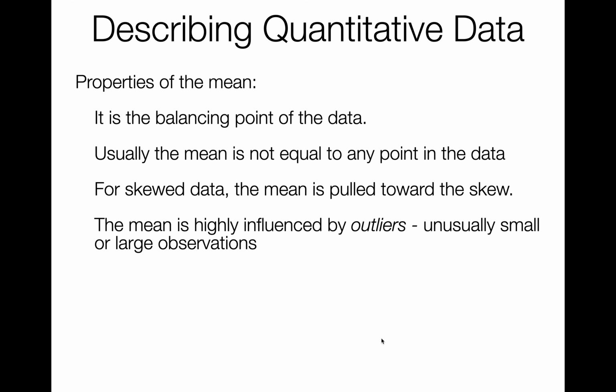So when I have skewed data, oftentimes outliers are present. So this is an important term that I define in that fourth point. An outlier is an unusually small or large observation. The mean is oftentimes not a good measure of center. I shouldn't use it if I have skewed data and or outliers.